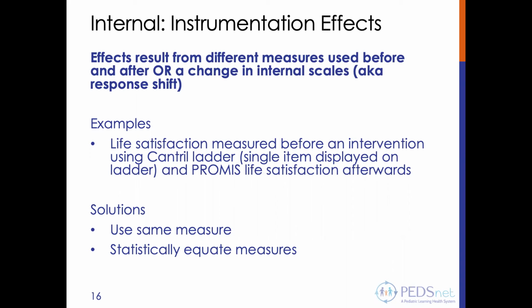But importantly, instrumentation effects also refer to changes in a participant's internal scales. As people get sicker, think about fatigue for a minute. Let's say you have no illness, no fatigue. You don't experience fatigue at all, so the breadth with which you experience fatigue is somewhat narrow. But if you have a disease like Crohn's disease, where you can feel extremely fatigued, your scale is bigger.